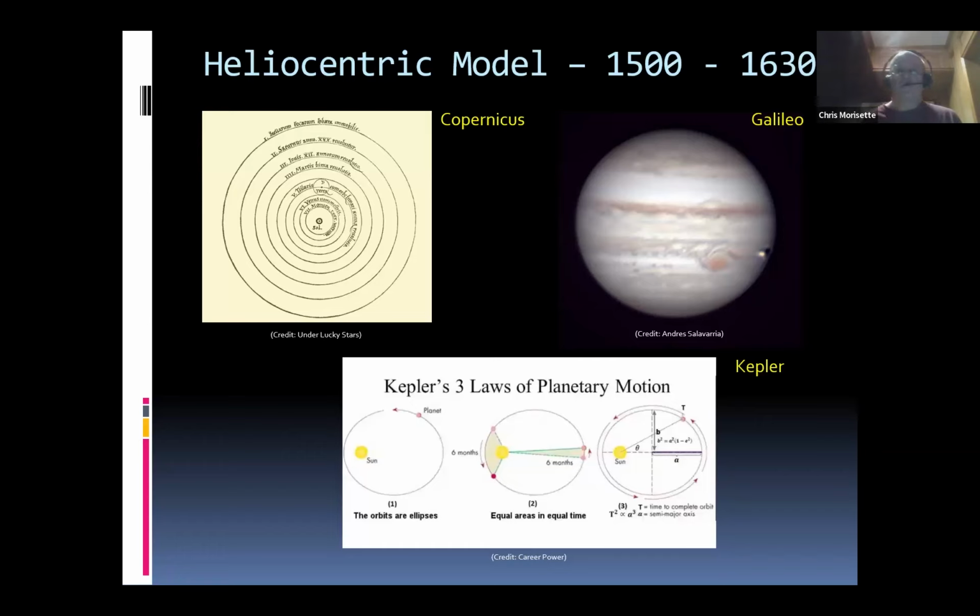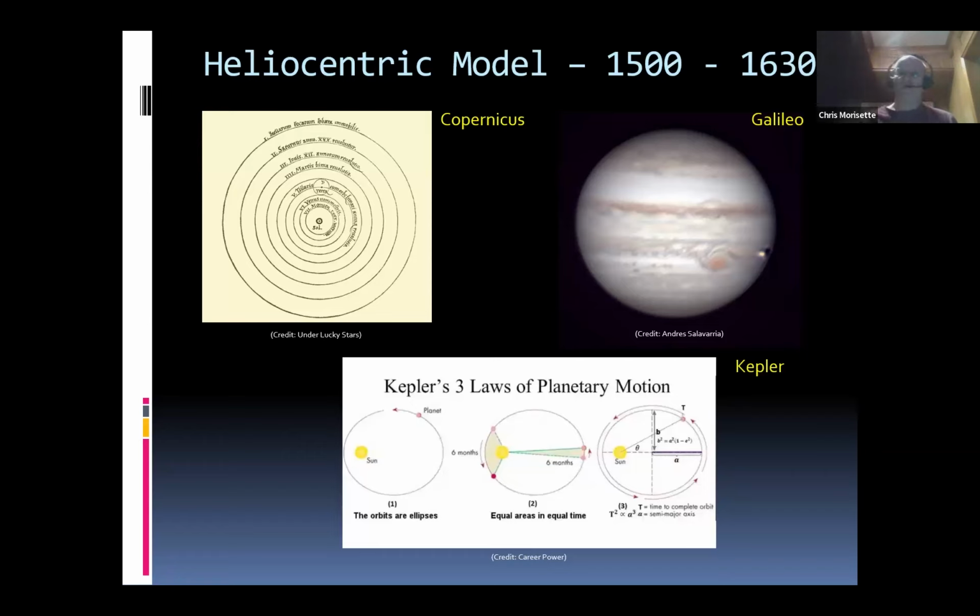Galileo, I think he's pretty well known. He was the first astronomer to make observations using a telescope, and he added credence and evidence to the heliocentric model by his observations of the four largest moons of Jupiter.